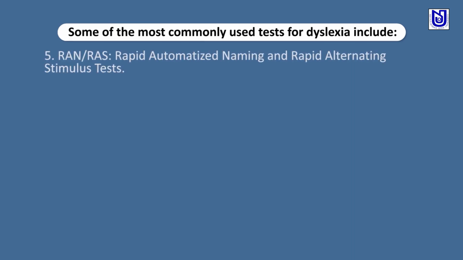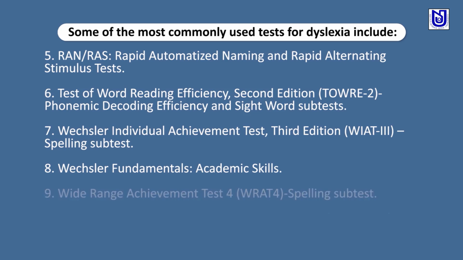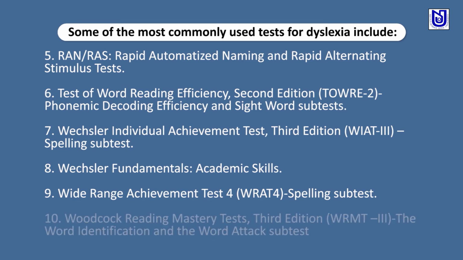There is RAN or RAS test, Test of Word Reading Efficiency, Wechsler Individual Achievement Test. Sometimes we use Wechsler's fundamental academic skills test for assessing academic skills. Then Wide Range Achievement Test 4, in short WRAT4 spelling subtest. Then Woodcock.